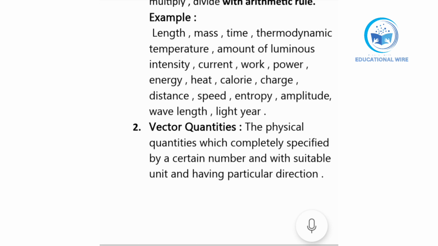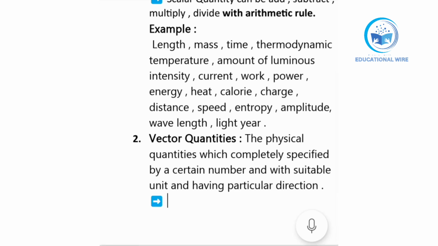Now we will talk about one more point. A vector quantity can be added, subtracted, multiplied or divided.